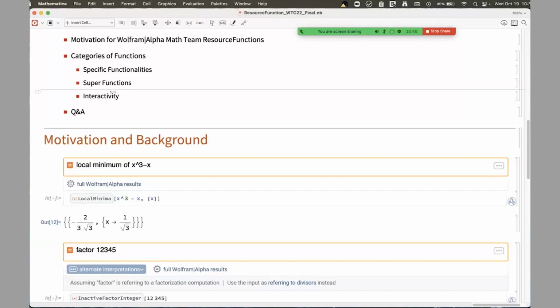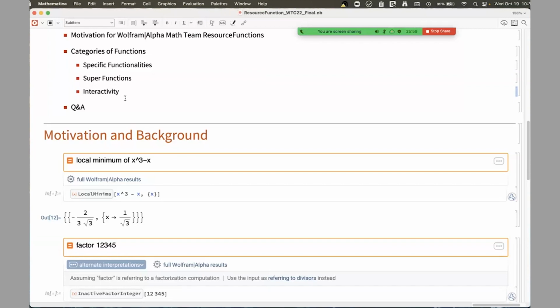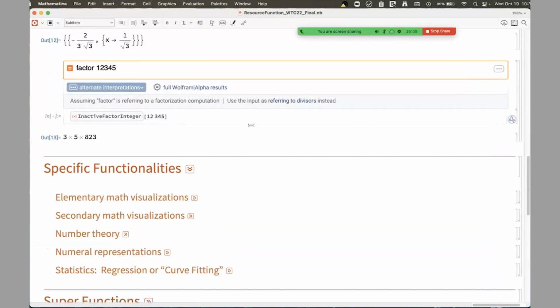And then we've also been able to build up interactivity, really making use of the full Wolfram Mathematica front end to build interactive and dynamic tools. Okay, so with that, I'm going to hand things over to our first developer, Anne-Marie, who can introduce herself.